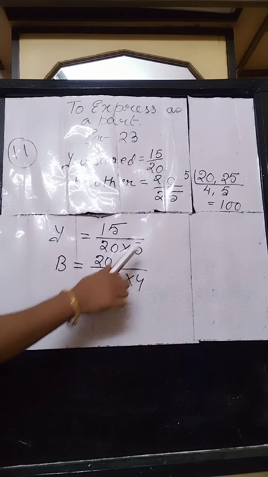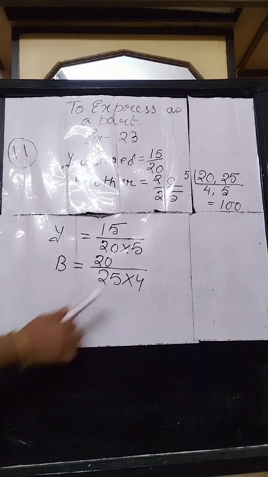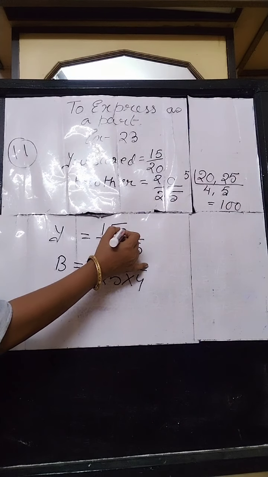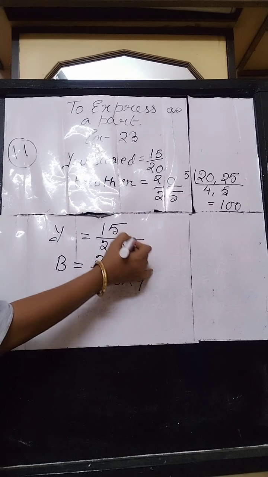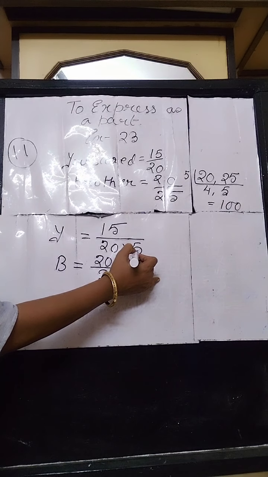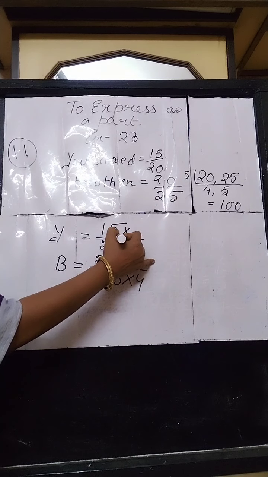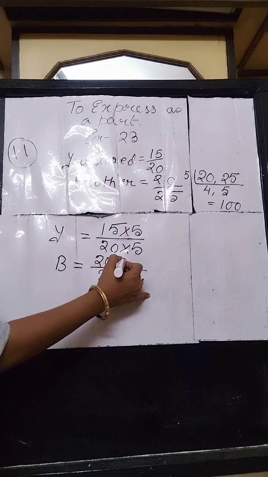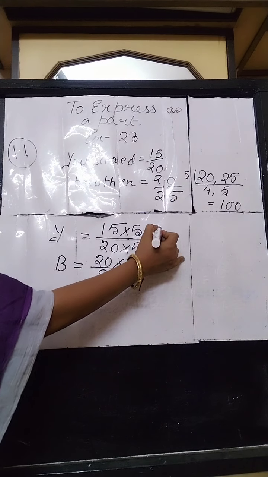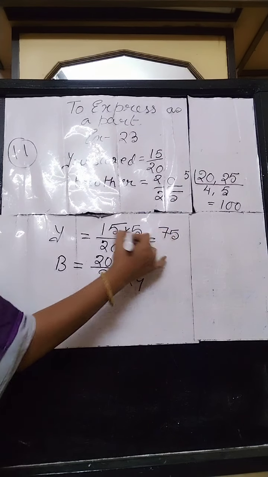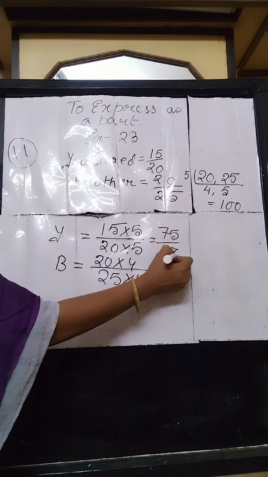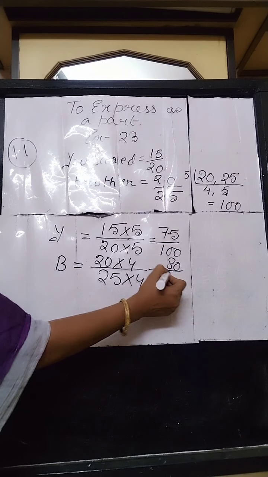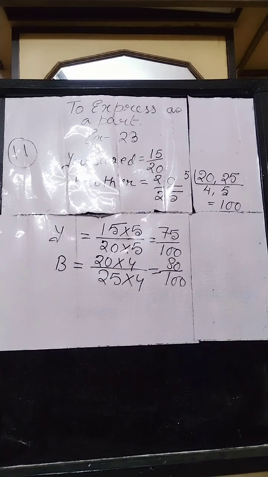In the numerator also you have to multiply the same factor which you have multiplied with the denominator. That is 20 into 5, here also 15 into 5. Again 25 into 4, so here also 20 into 4. Ultimately you are getting 75, 15 5s are 75 by 100, and 20 into 4 is 80, 80 by 100. So now you can compare.